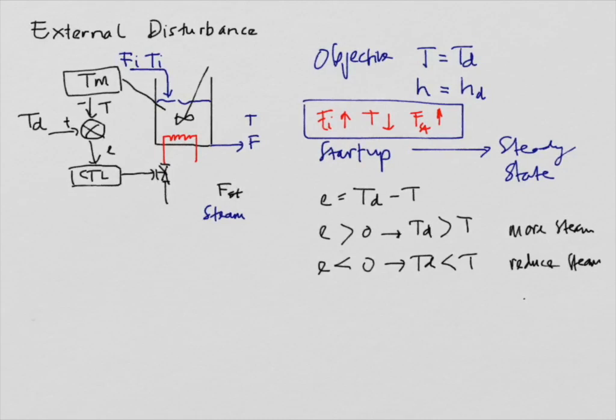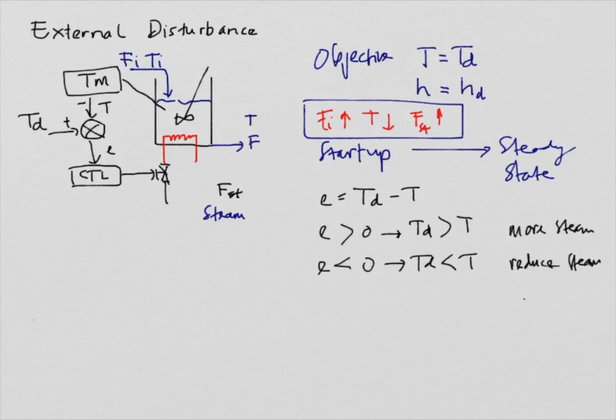That is the illustration of how the external disturbance disturbs our system and the output of the system. For example, in this system it is the temperature of the liquid. The temperature of the liquid that we set to the desired temperature, and when there is a disturbance in an input variable, we need the controller to maintain the temperature of the system at the desired value that we want.